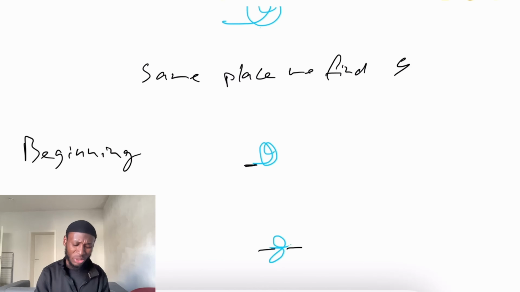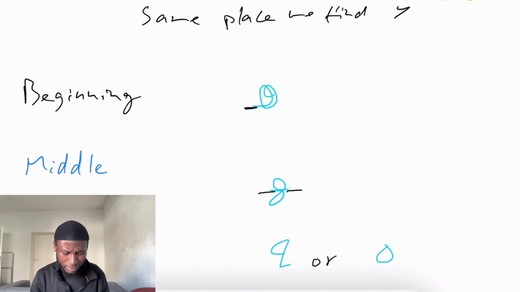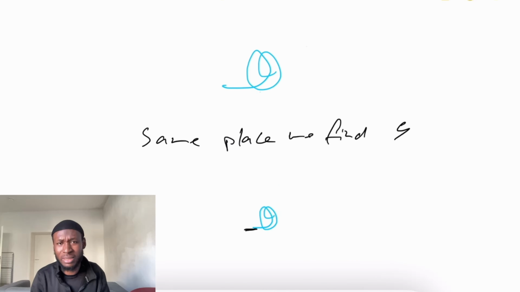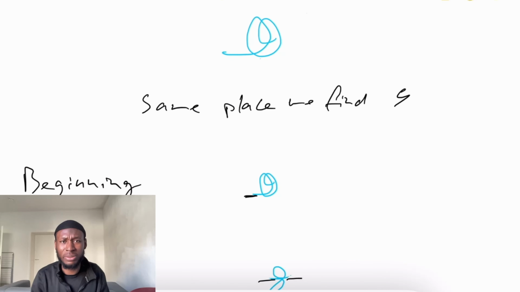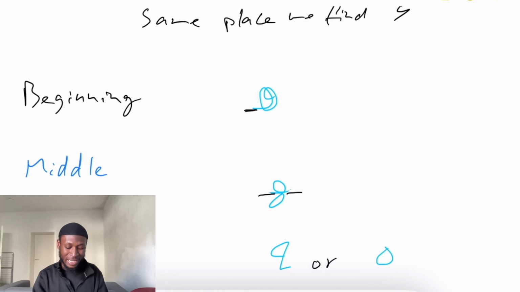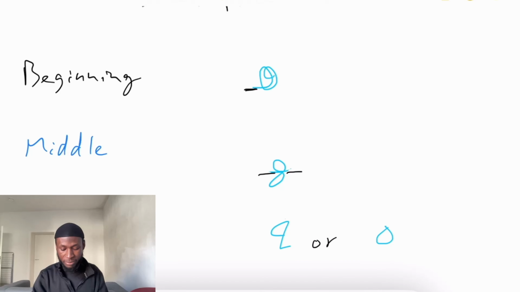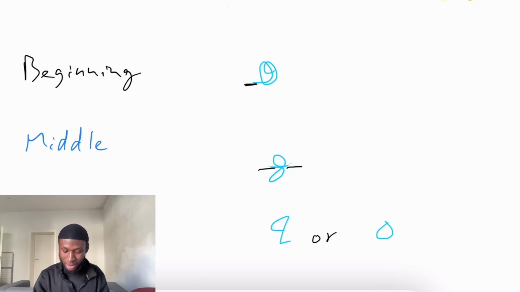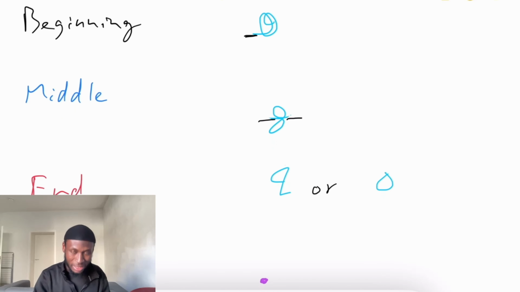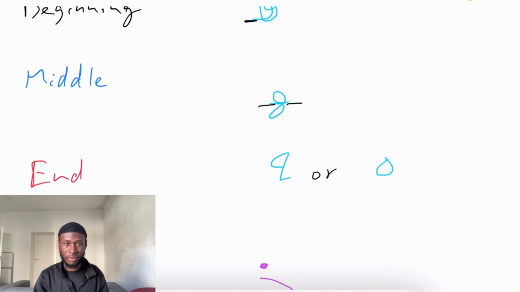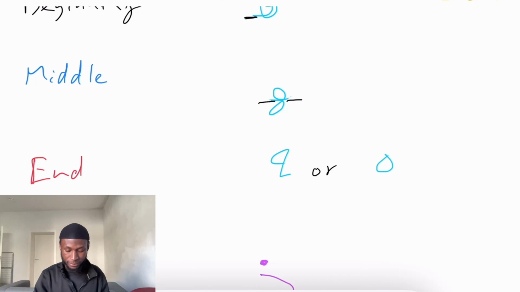Ha. So let's look at how it's written. At the beginning, you find it written like this, in its isolated form. In the middle, you'll find it written like an 8 stuck between a floor. And at the end, you find two ways of writing it.